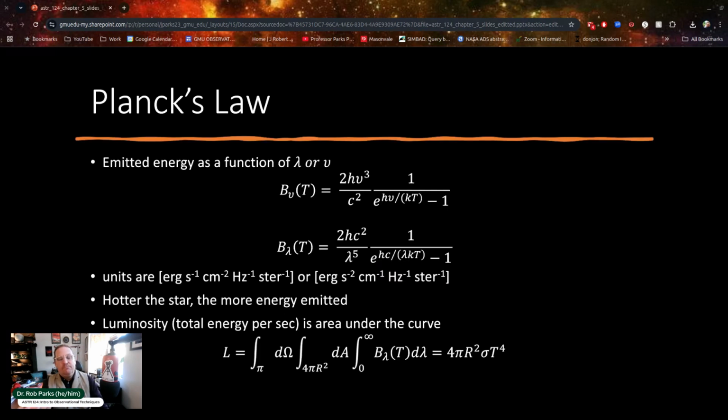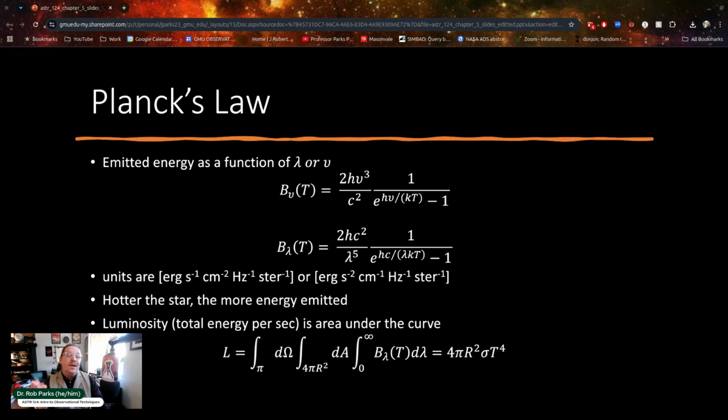Now, how do we quantify this? That was a diagram showing what the black body curves look like, but from a mathematical perspective, how can we describe that? We can do that using what is known as Planck's law, which is listed here, where B nu of T is the amount of energy being emitted as a function of frequency.